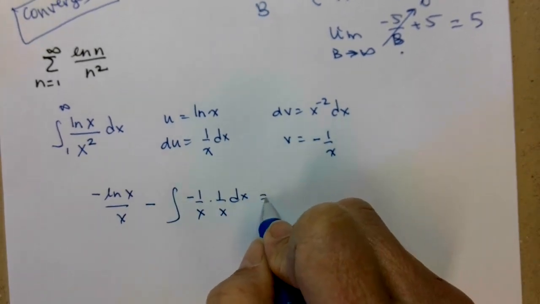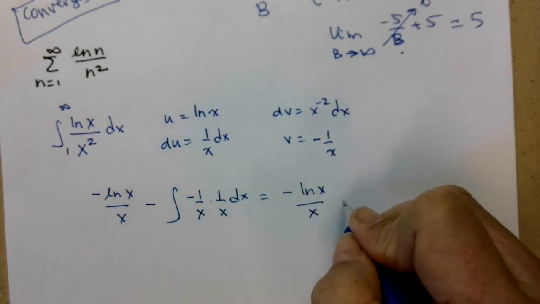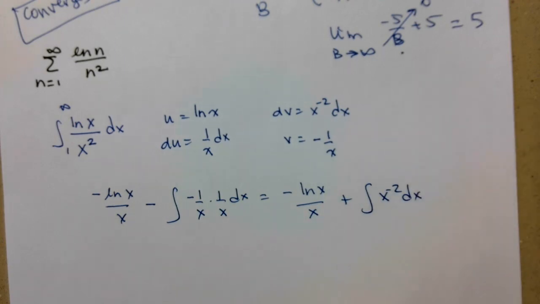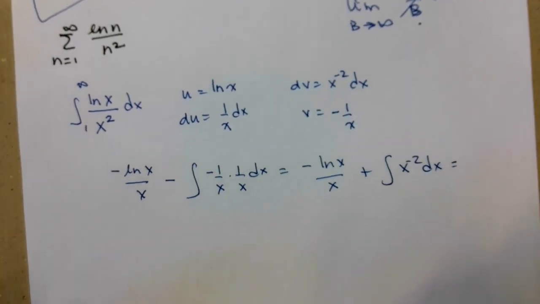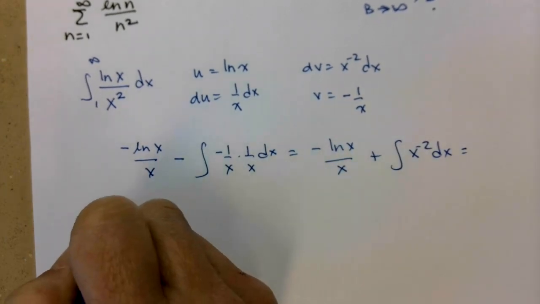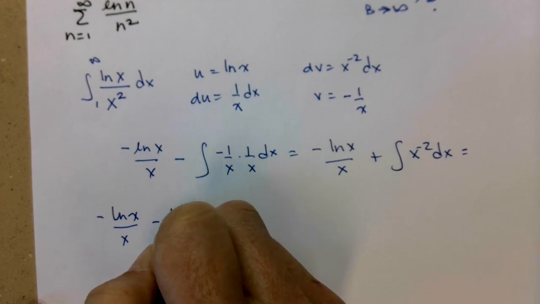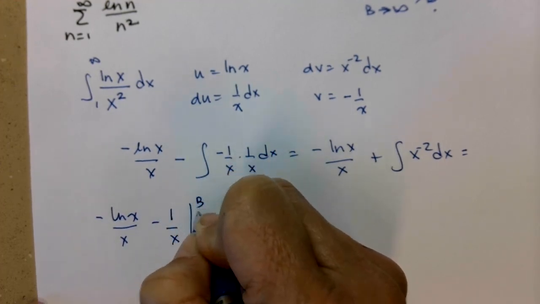Okay, do a little tidying here. So negative natural log x over x plus integral x to the negative 2 dx. I'm not writing my limits on there, but I see them. Okay, here we go. One last step and then we'll plug them in. So now we have negative natural log of x over x minus 1 over x from 1 to b.